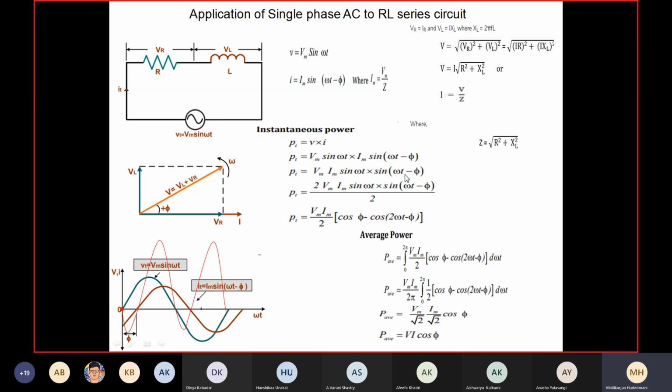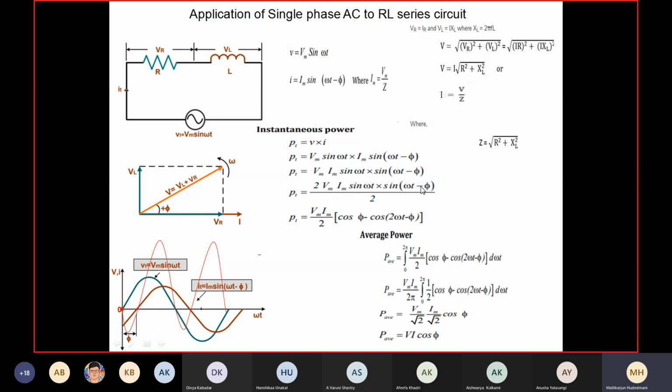You will recall the identity for 2 sin A sin B: cos of A minus B minus cos of A plus B. If I take that, it becomes 2 times sin A sin B. I have a reverse; the 2 is missing here. I make an arrangement here and divide by 2, so the 2 is arranged. 2 Vm Im sin omega t, that is sin A, sin omega t minus phi, sin B.